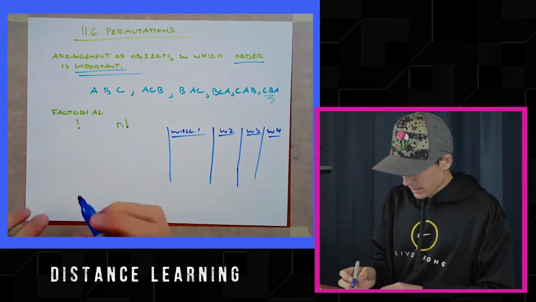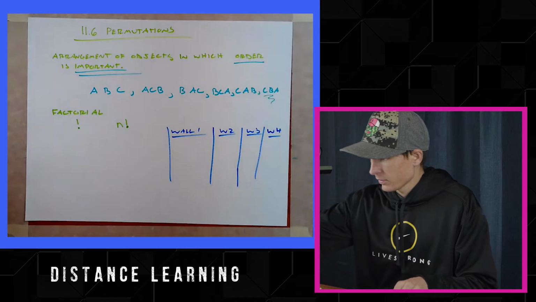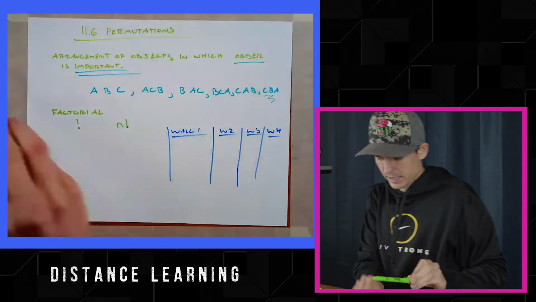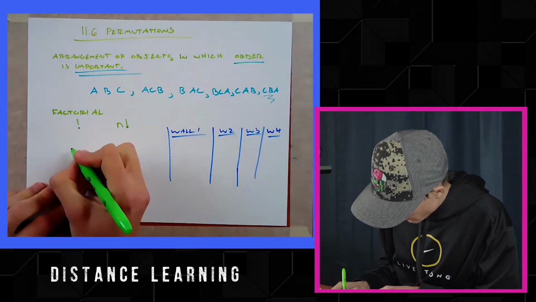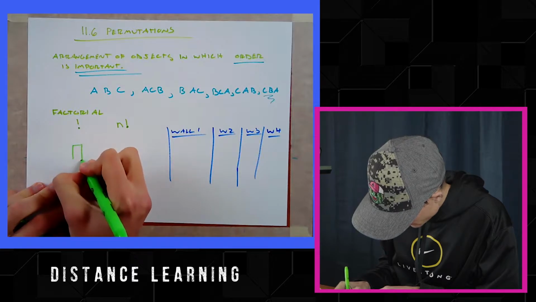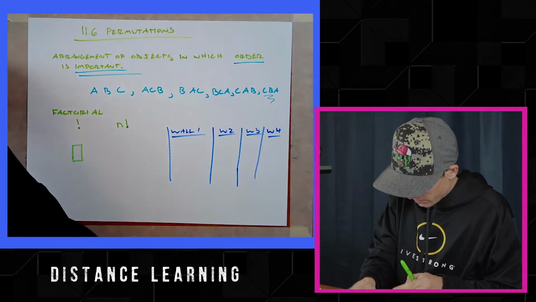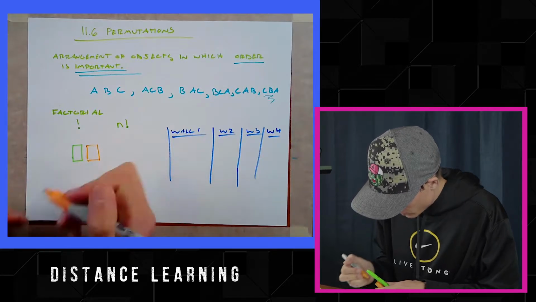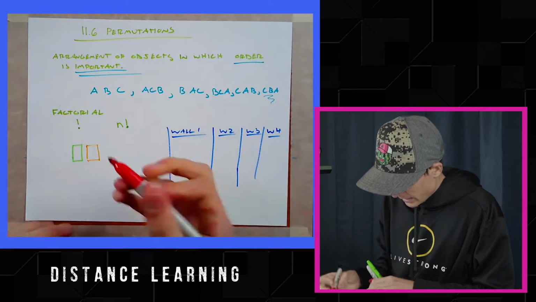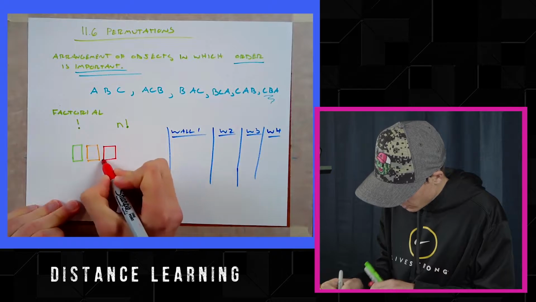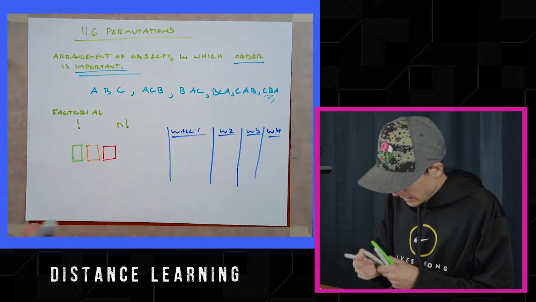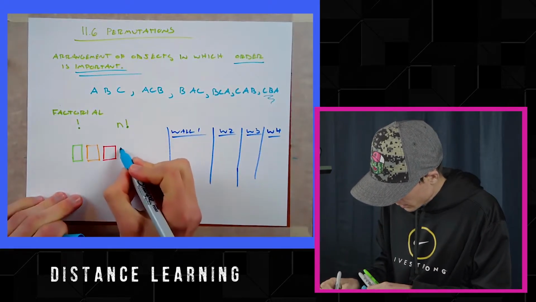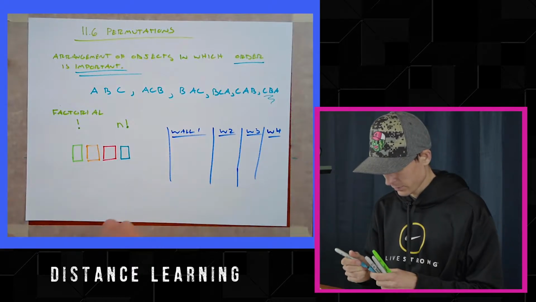And let's say you have posters that you want to hang up. I have a green poster. I have an orange poster. I have a red poster. And I got me a blue poster. 4 posters.